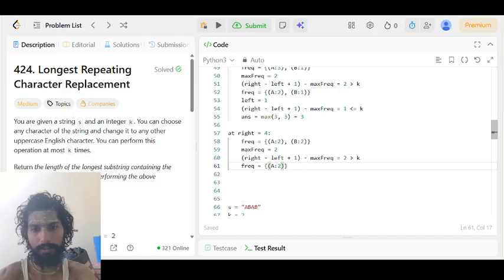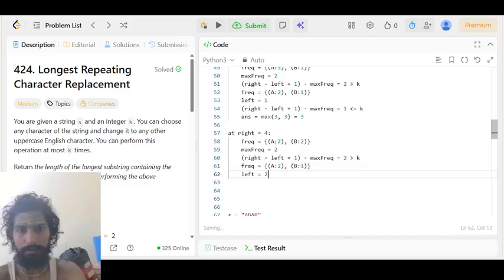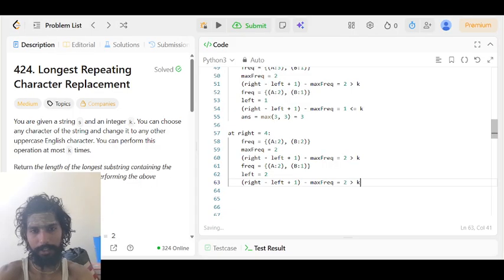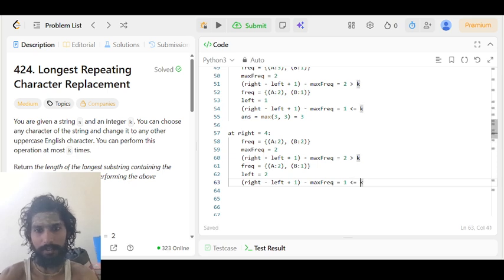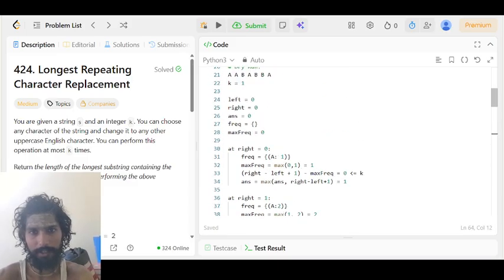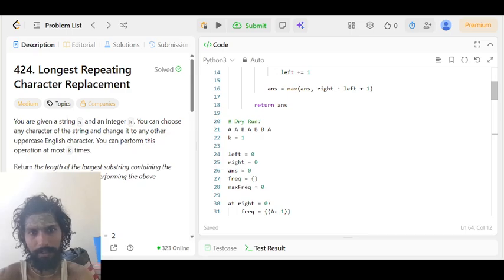It will become A2 and B will become 1 and my left will become equal to 2. Now I will check again, and this time it is a 1 that is less than or equal to k. My answer will remain the same. So like this the loop will continue.